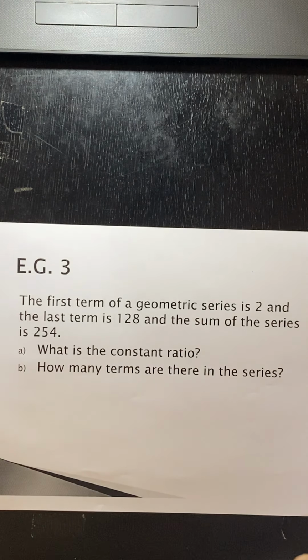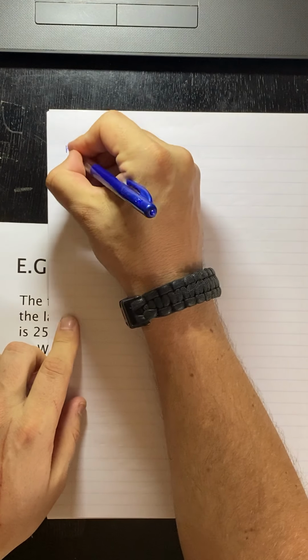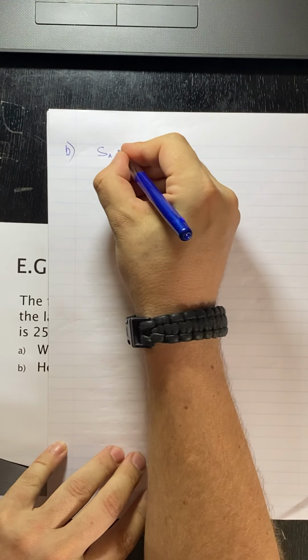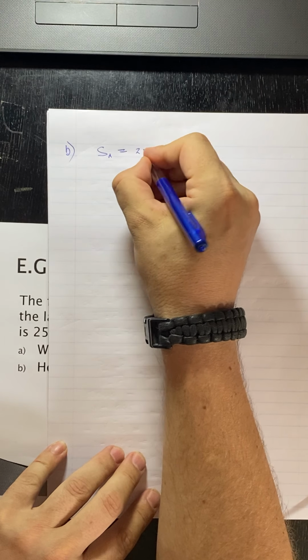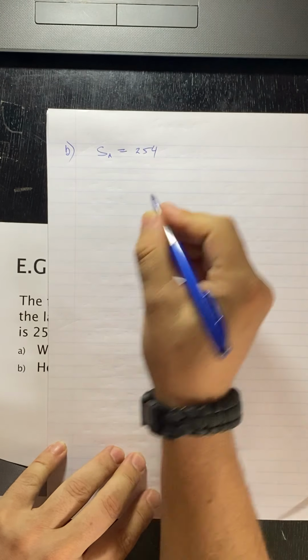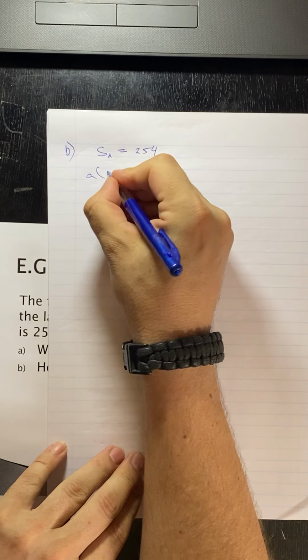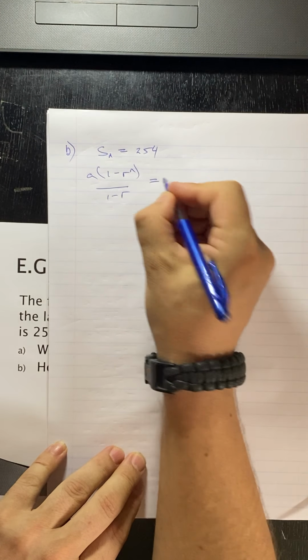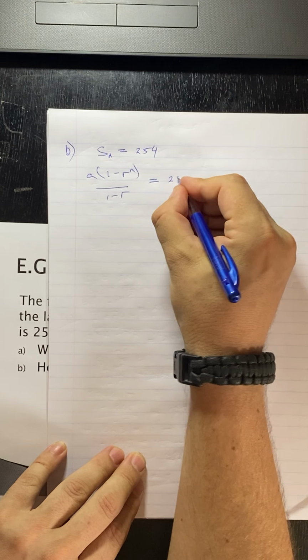Okay, so question B. How many terms are in the series? We know that Sn is equal to 254. Our sum formula is a(1 - r^n) over 1 - r, and this is equal to 254.